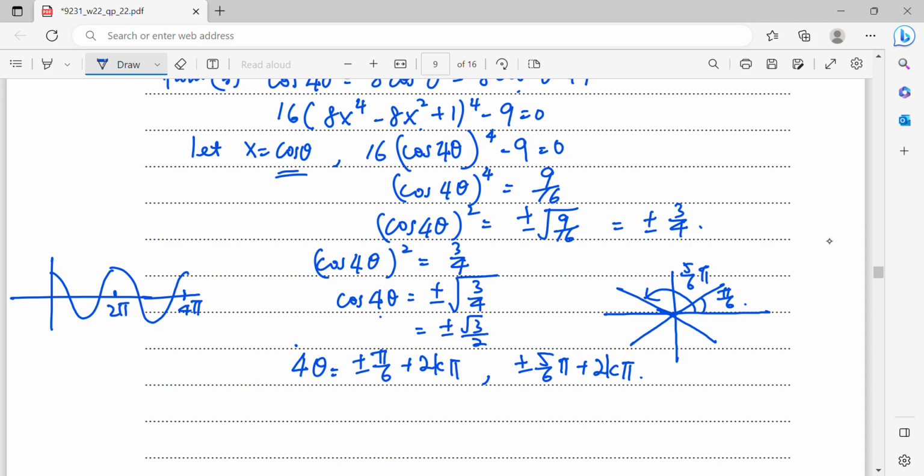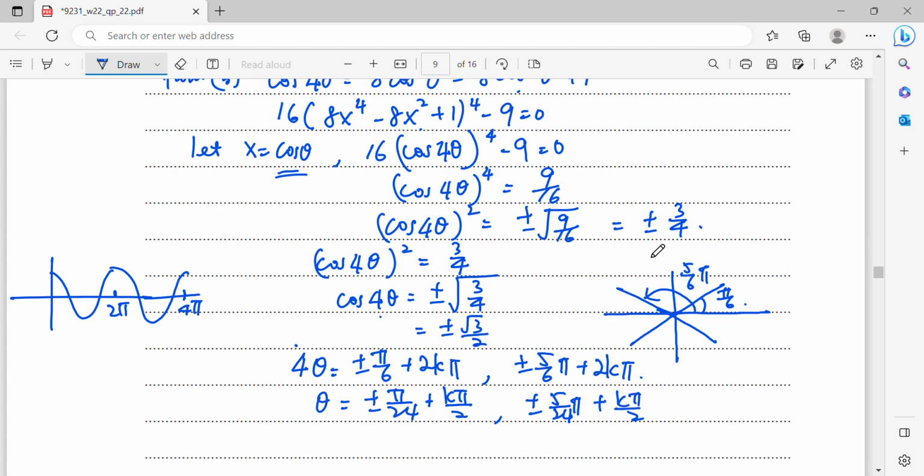So now, your theta will be plus minus pi over 24, by dividing the pi over 6 with 4, okay? And then the 2k pi divided by 4 will be k pi over 2. The next one will be plus minus 5 over 24 pi, because 4 times 6, and then plus k pi over 2.